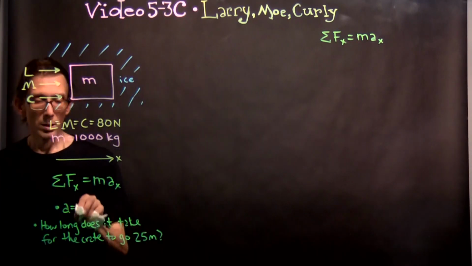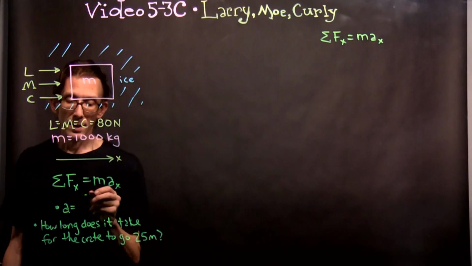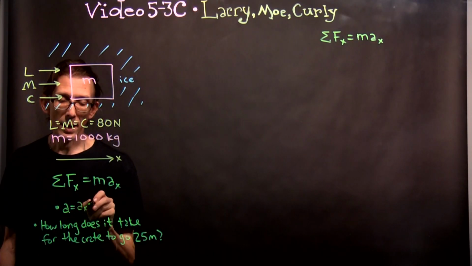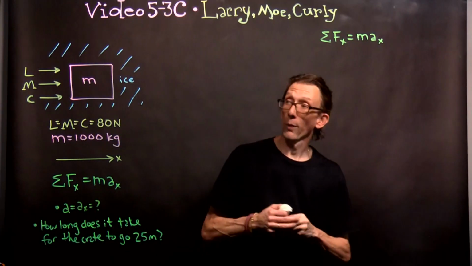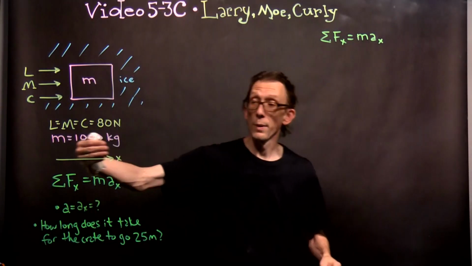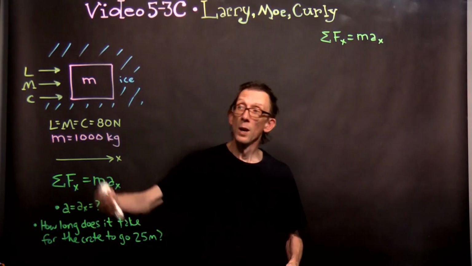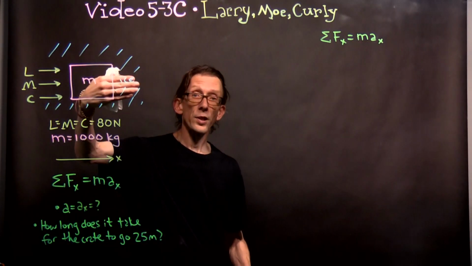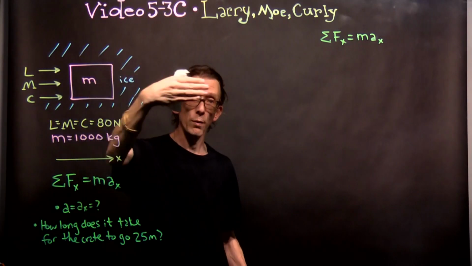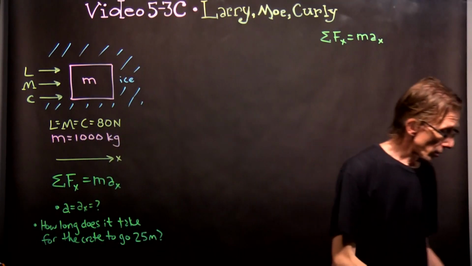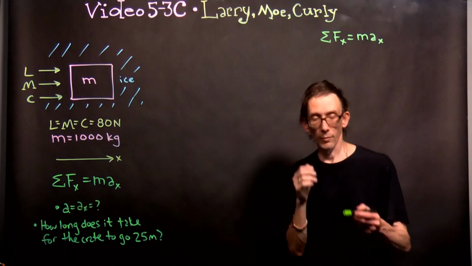A sub X equals what? Because all the acceleration is in the direction of the forces. It'll be to the right. It'll be in the positive X direction, right? We're not going to push on the crate this direction and have it go that way. That's not going to happen, right? It's going to go in the same direction we're pushing it. Starting from rest.